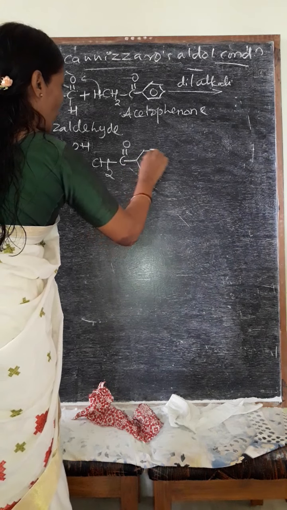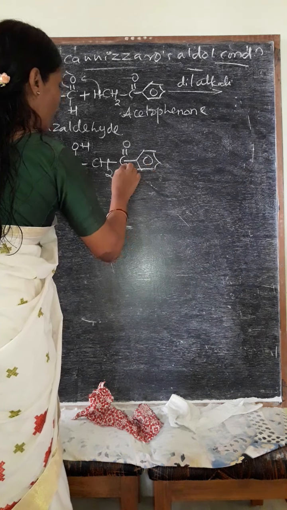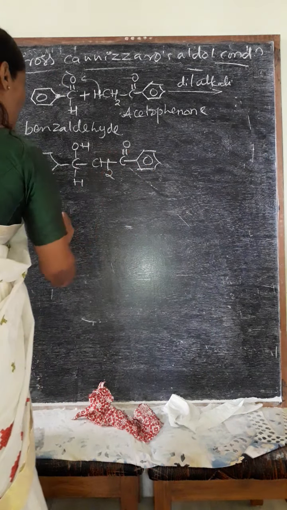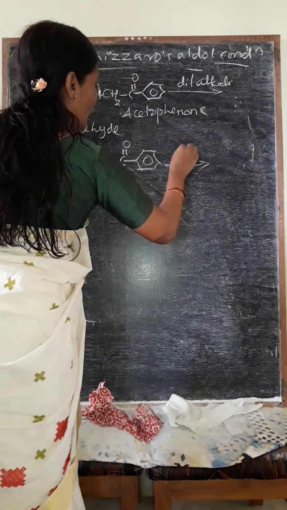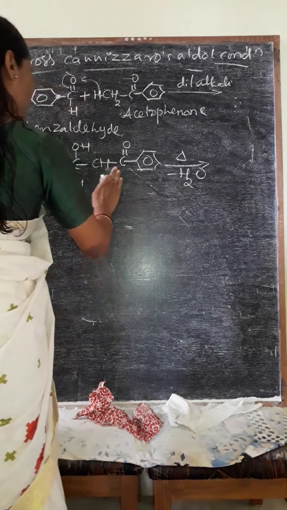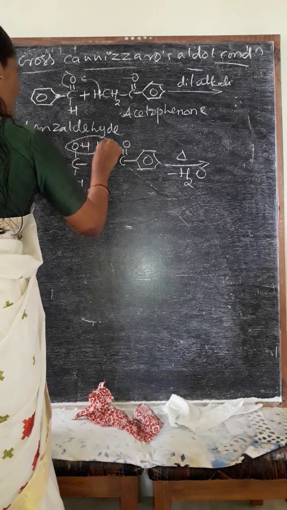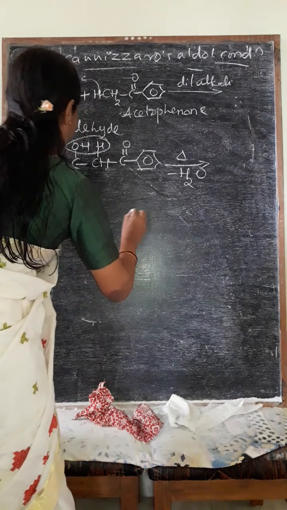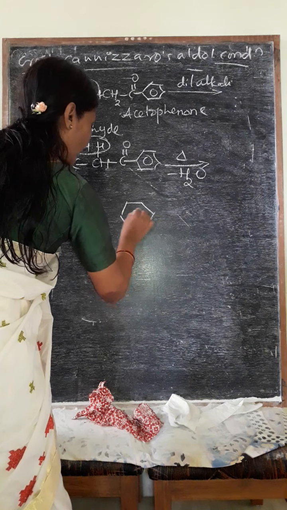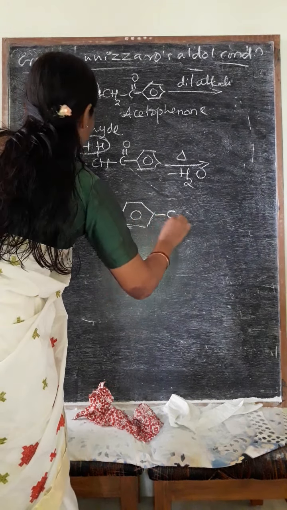Instead of CHO, the ketone is used, hence it is CO. Therefore, instead of aldol, I will take a ketone. On warming or just by heating, there is elimination of water, and the final product formed is CH=CH, the bonded electrons.